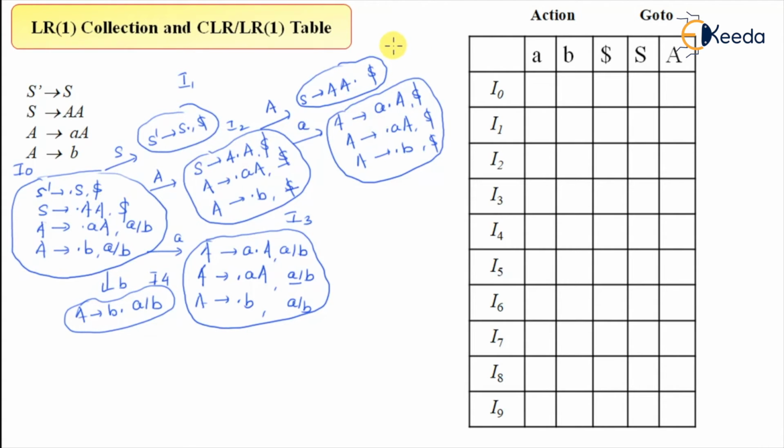Let's call this one I5 and this I6. On input B, this will become A derives B dot followed by dollar, and let's call this state I7.